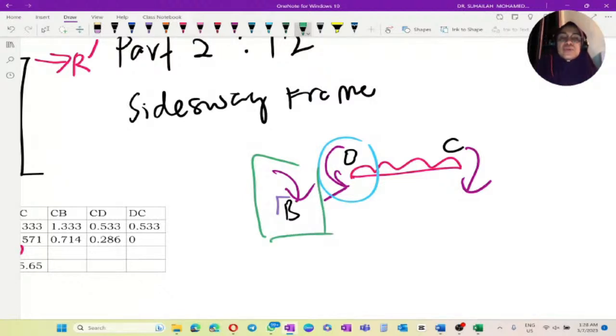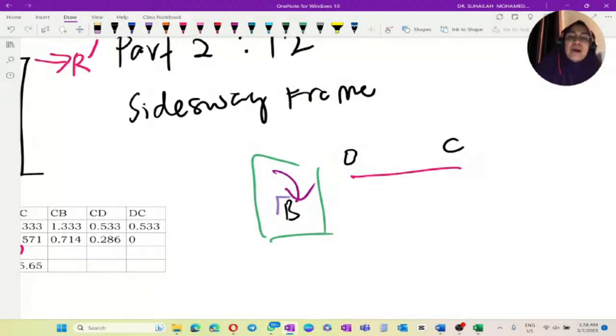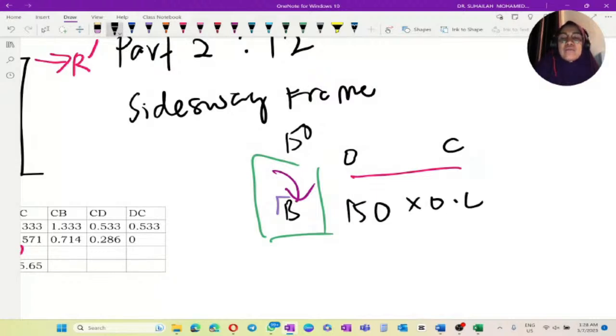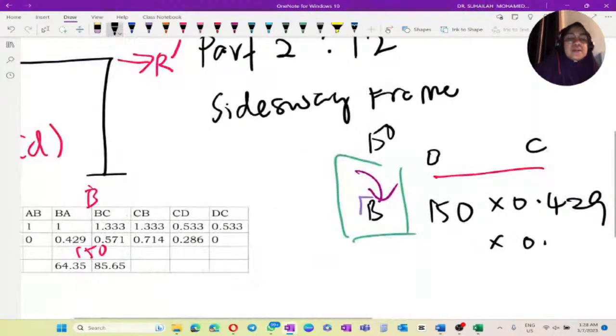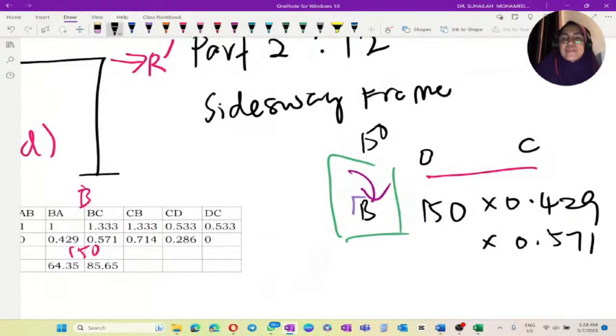So in this case, we don't have this, but we have moment at B, the value is 150. So this 150 we multiply with 0.429, and also with 0.571.